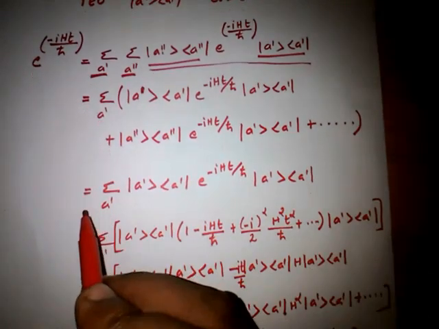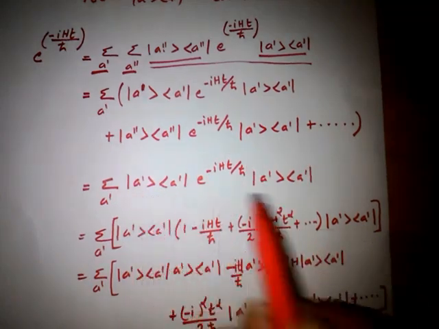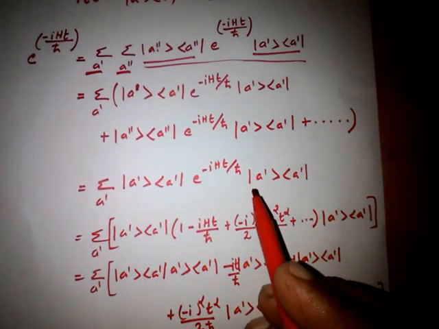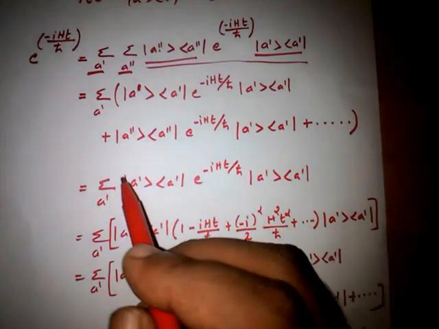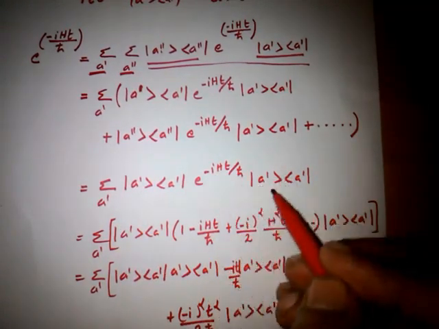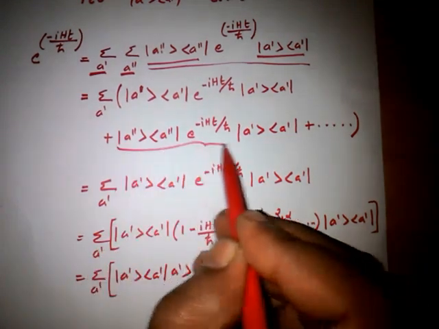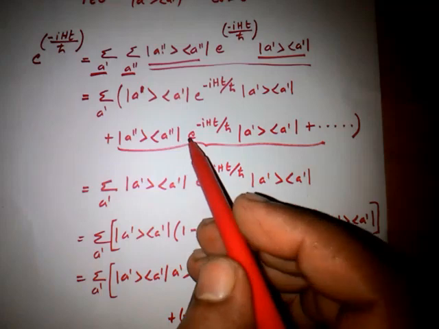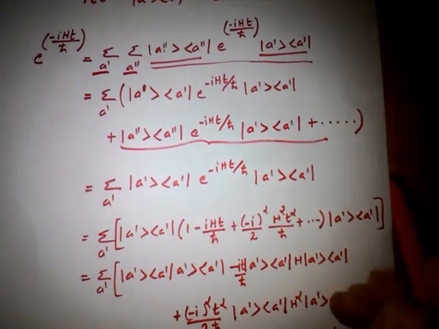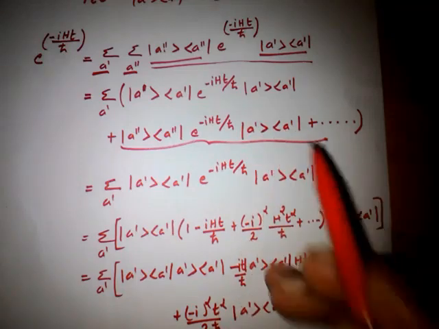Okay, so then that is equal to the sum of a dash, outer product of a dash, e raised to minus iHt over h cross, outer product of a dash, because when we are expanding this term onwards, here it's a double dash, here it's a dash.